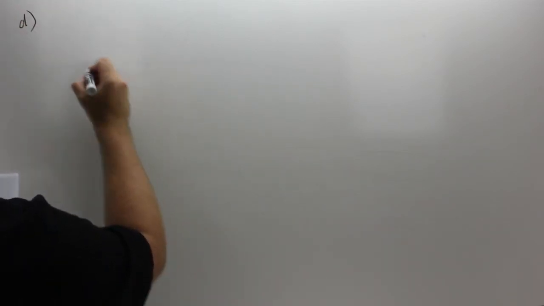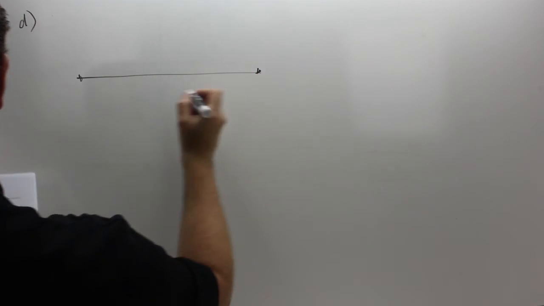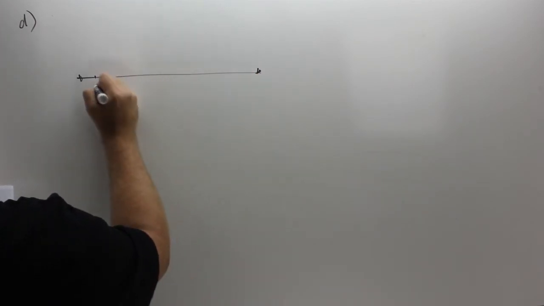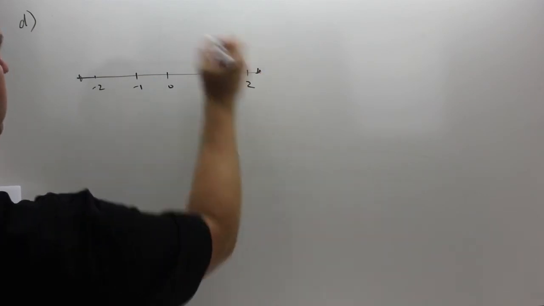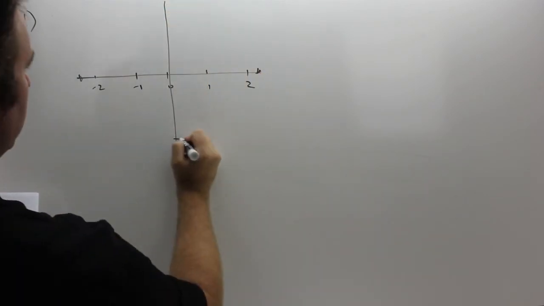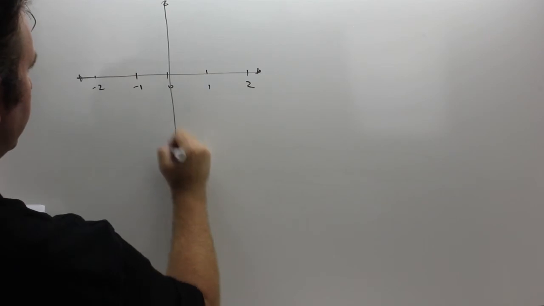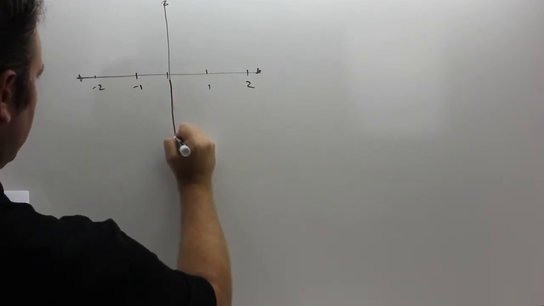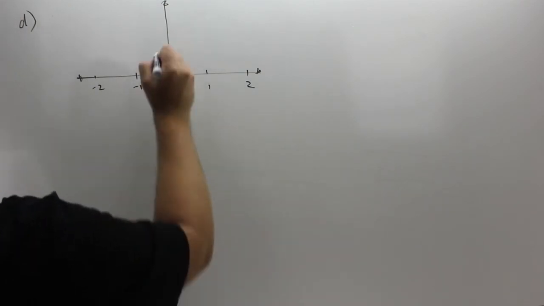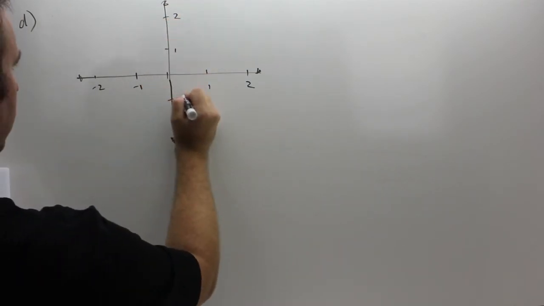Okay, so for D, we have a graph here. We got -2, -1, 0, 1, 2. I don't really need to actually write 0. Just assume that it's 0 where it's the y-axis. And then we have y values 1, 2, -1, -2.